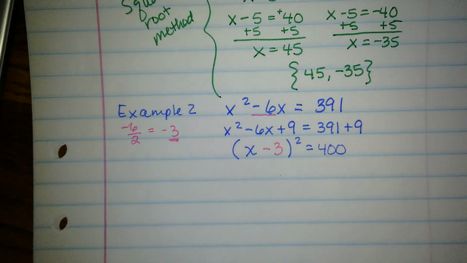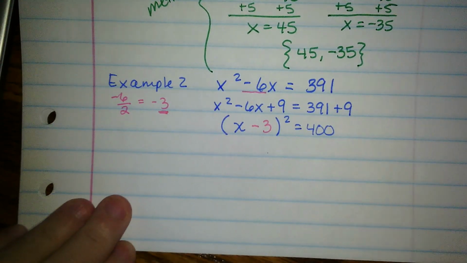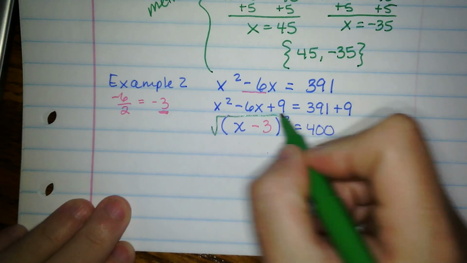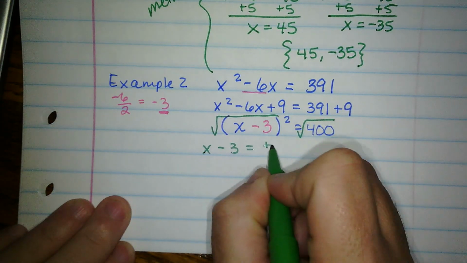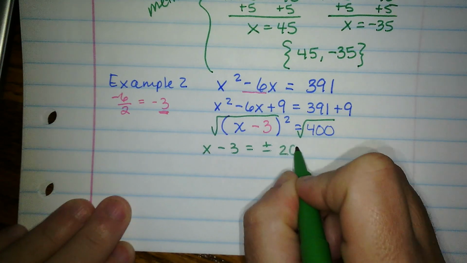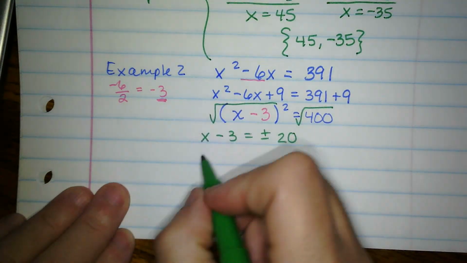Okay? Now that we've completed the square, we're going to go into square root method mode, and we're going to solve this thing. So to solve this, we're going to take the square root of both sides. We're going to end up with x minus 3 equals plus or minus 20. Yes, I did that right. And we're going to split them up into two equations.